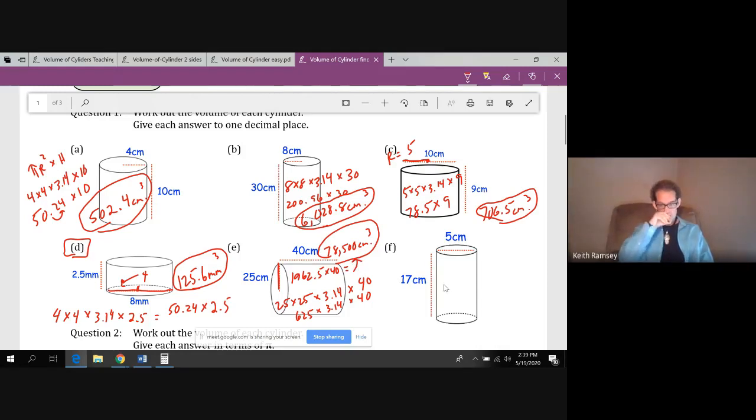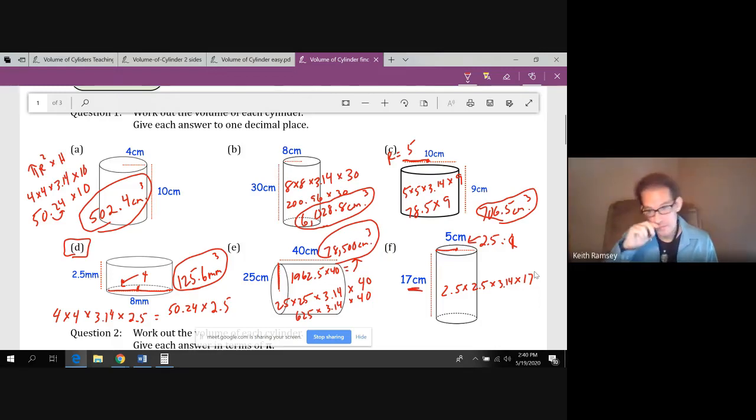Okay, number F, they're trying to trick you again by giving you the diameter. That's not what you want for the area of a circle. You want half of that. You want from there to there. So half of 5 is going to be 2.5. And that's the radius, okay? So you want to square that. So I'm going to have 2.5 times 2.5 times 3.14 times the height, which is 17.